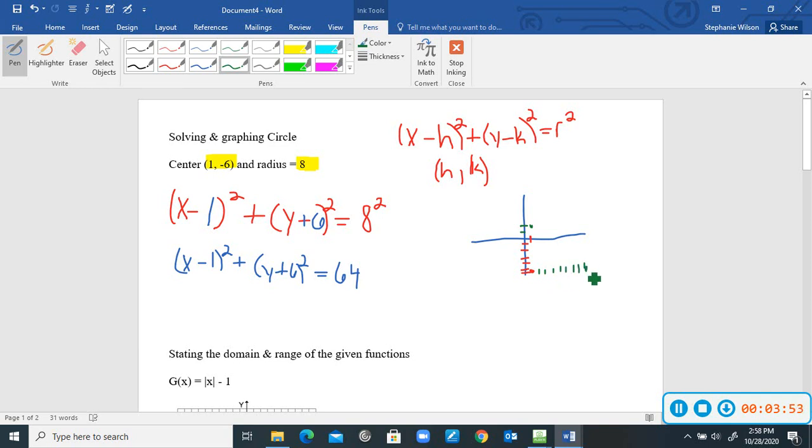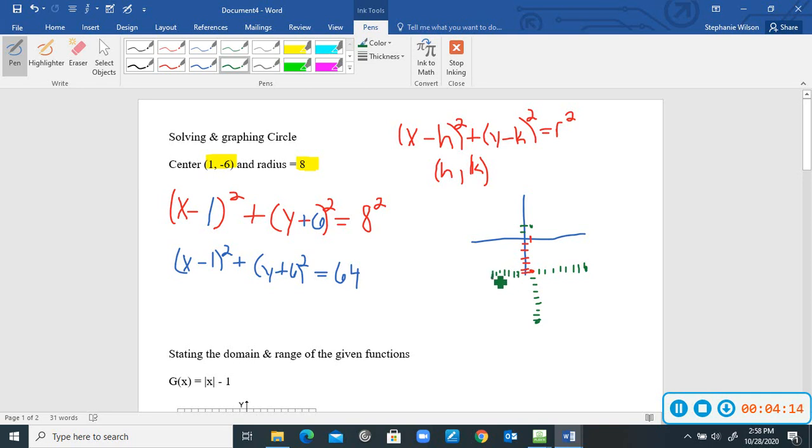I'm going to plot it here. That means I'm going to go down from this center, 1 through 8. Let's plot it. Go back to the center and go to the left, 1 through 8.